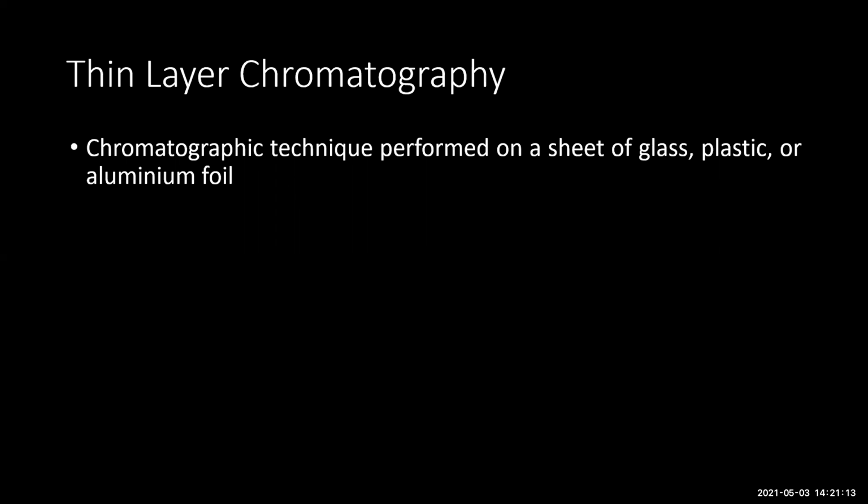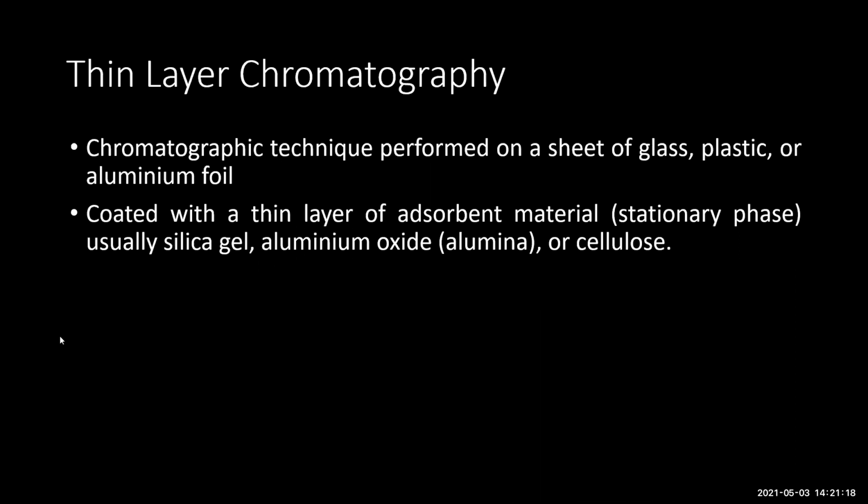On top of this support base, the stationary base needs to be constructed. It is coated with a thin layer of adsorbent material. We should call it a stationary base. We can use silica gel, aluminum oxide, or cellulose as our stationary base when we are using thin layer chromatography.